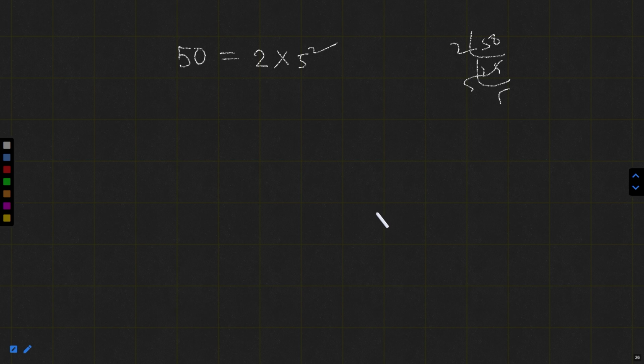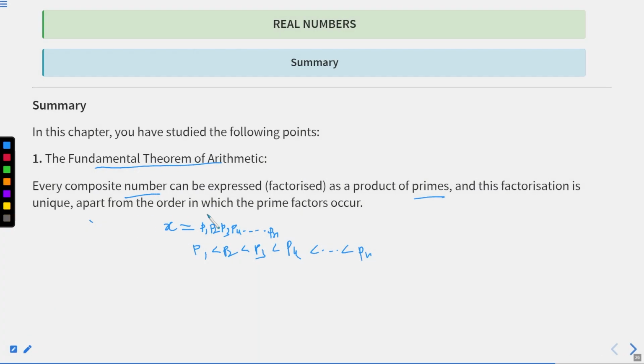This composite number 50 is expressed as a product of prime factors, as said by the fundamental theorem of arithmetic, and this factorization is unique apart from the order in which the prime factors occur.